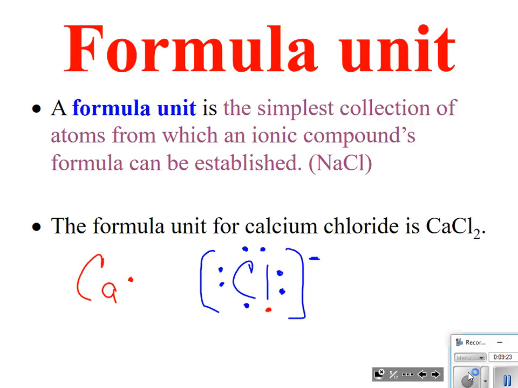So, does it make sense that there's just another chlorine that takes the 2nd electron?